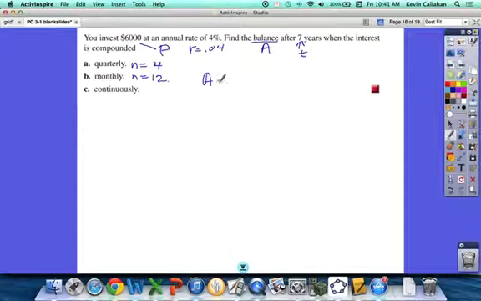A equals 6,000 times 1 plus 0.04 divided by 4 raised to the NT. So that is 4 times 7. So A equals 6,000 times 1.01 raised to the 28th power.